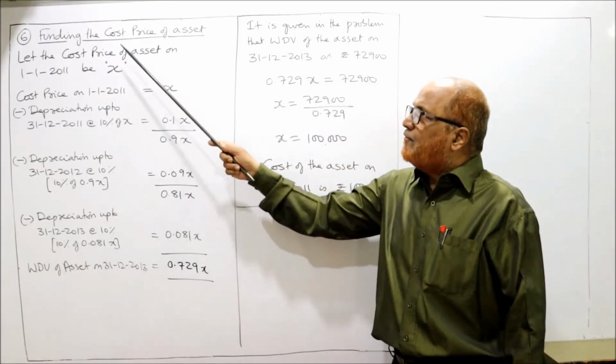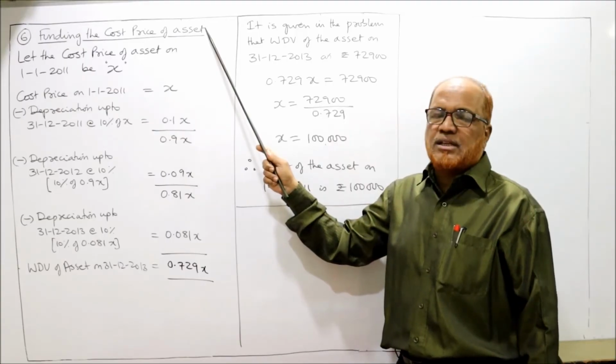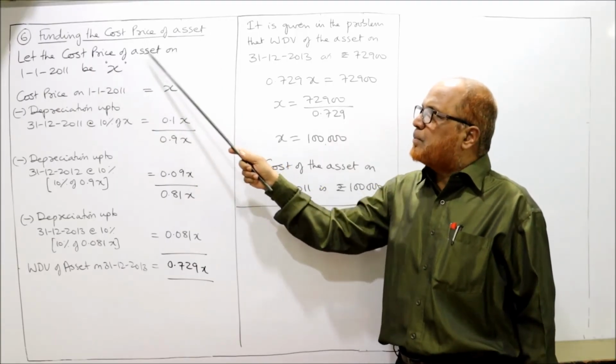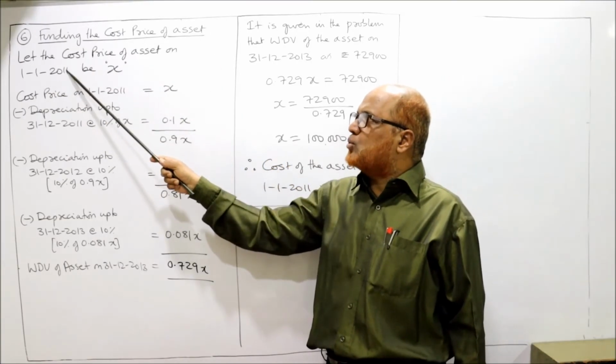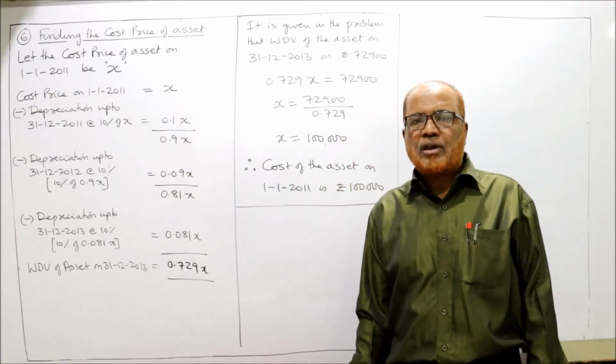Now see here, finding the cost price is what we have to find out. Let the cost price of the asset on 1st January 2011 be X rupees.